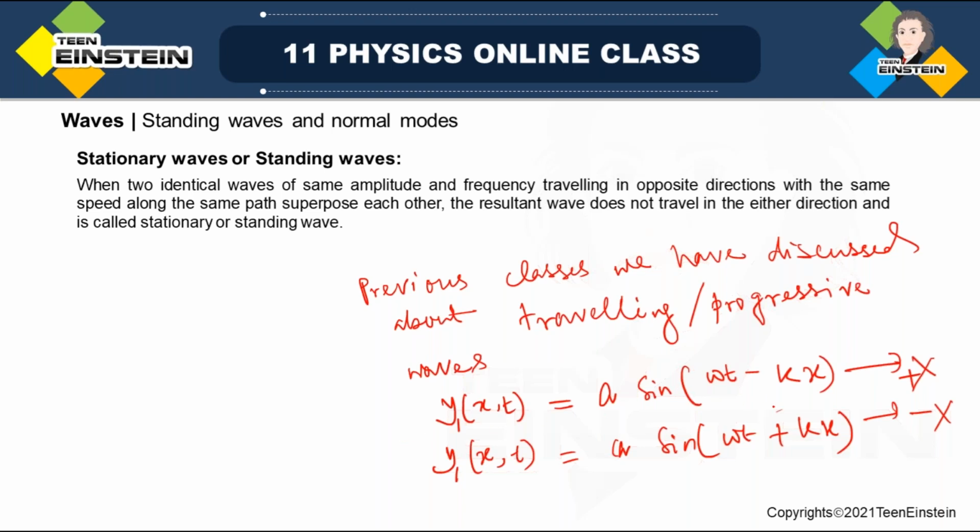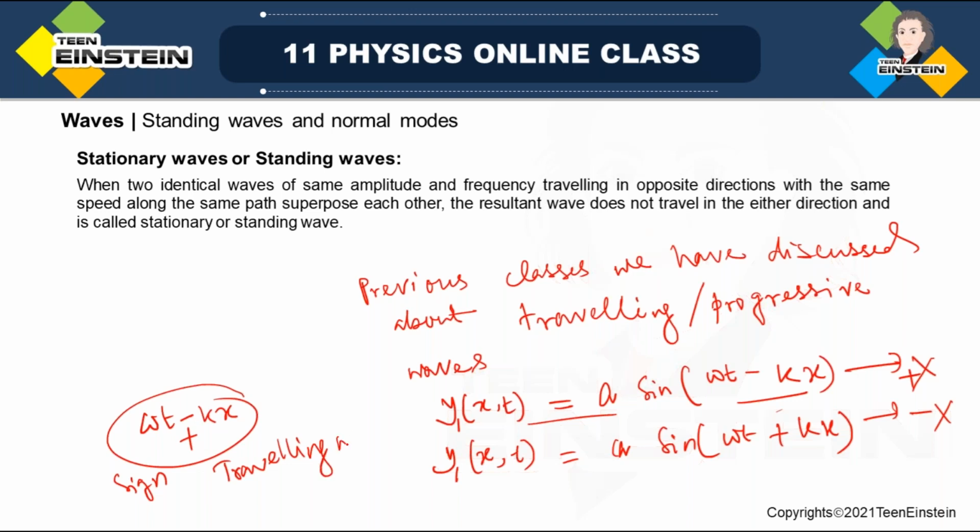You can see in the argument of the sine we have two things, omega t and minus or plus kx. This is the sign of a traveling wave. In any equation like this, if we have only omega t, that is not traveling. Or if we have only kx, that is not traveling. If we have both, then it denotes a traveling wave. This you have to remember, as we'll be using it here.